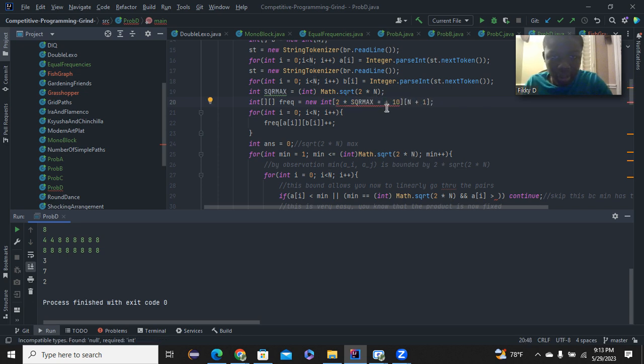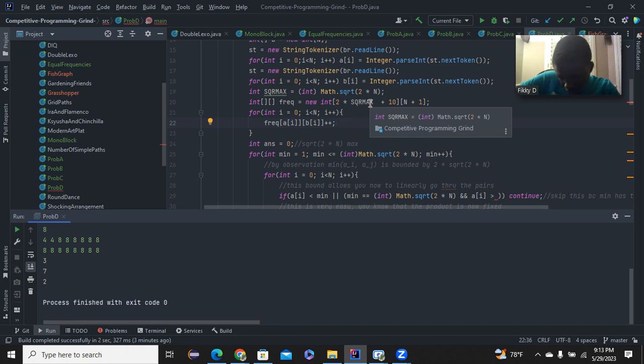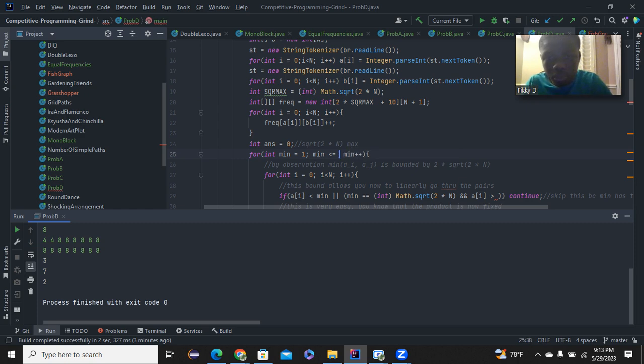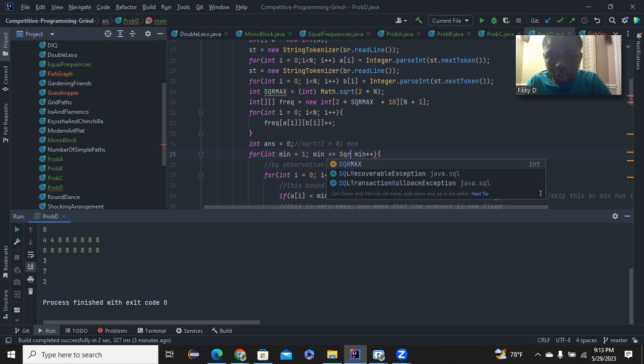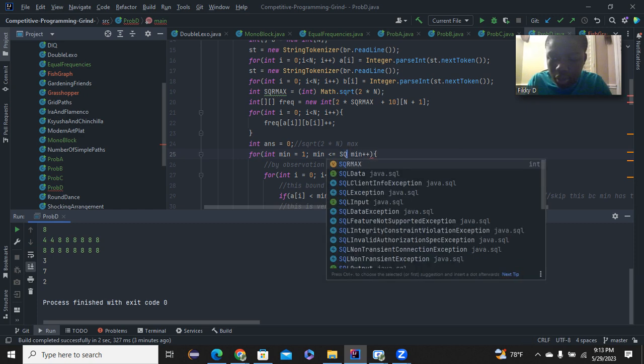2 plus 10, just because more space never hurts. It's gonna be this, it's easier.